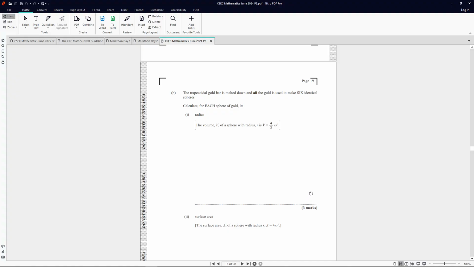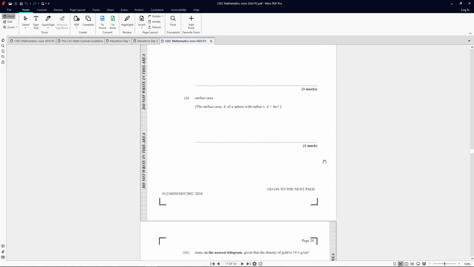So the trapezoidal gold bar is melted down and all the gold is used to make 6 identical spheres. Calculate for each sphere of gold its radius, surface area. Interesting.